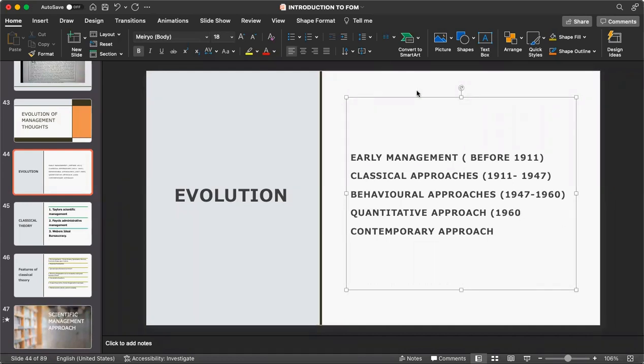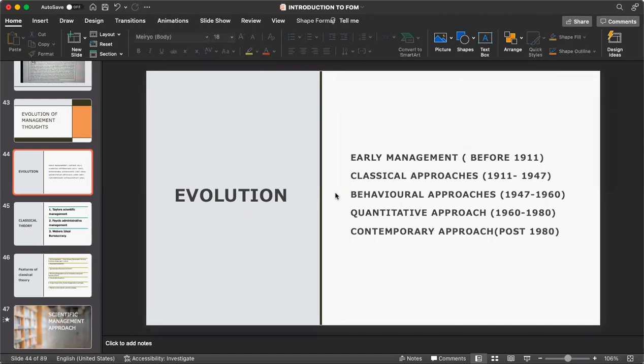This is in the context of India, make sure, okay? And then the last one is the current scenario, post 1980s. Now we'll discuss the theoretical part.